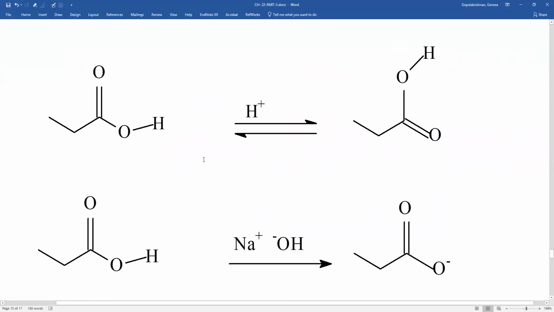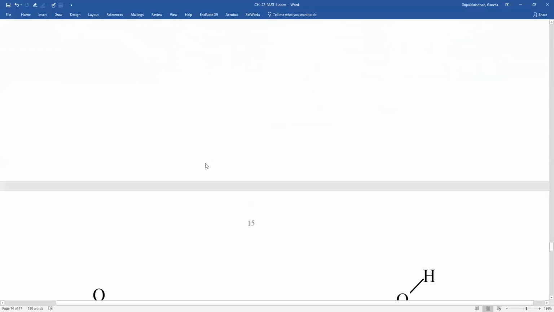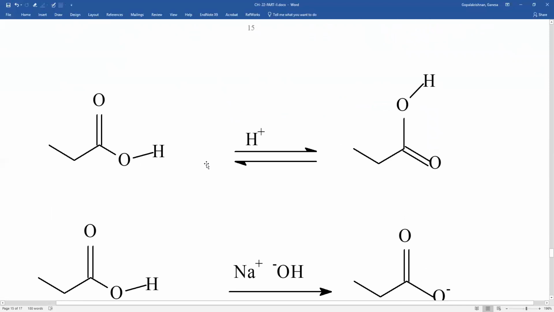Why can we not brominate by that method? In the first method, if you use an acid, it should convert the carboxylic acid into enol, then the enol will react with bromine. If you use a base, it should convert the carboxylic acid into enolate, and the enolate will react with the bromine. But it is not possible for us to convert it into enol or enolate. Look at it here. You want to convert this into enol. You add an acid.